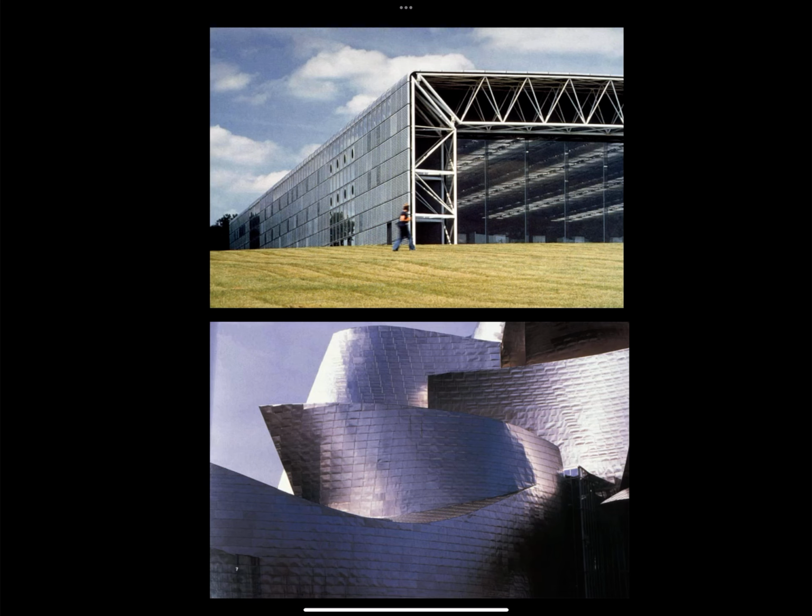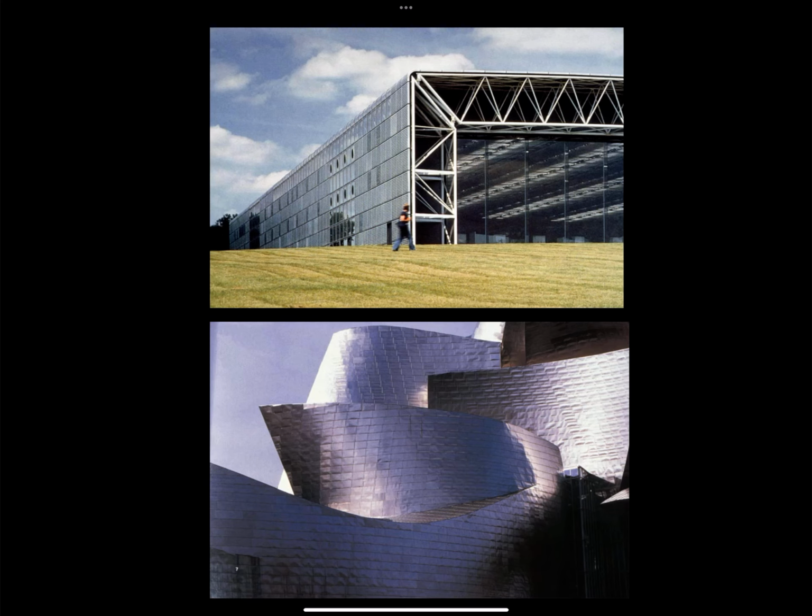The cladding system for the Sainsbury Centre is composite metal panels, that is, aluminum bonded to rigid insulation. The cladding system for Bilbao is flat sheet titanium.